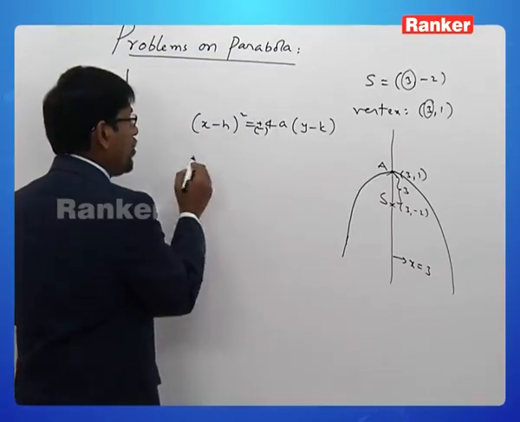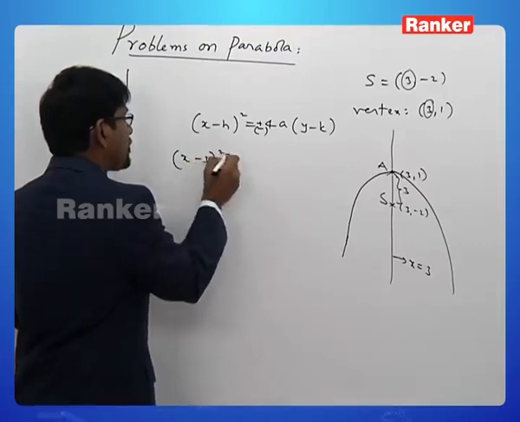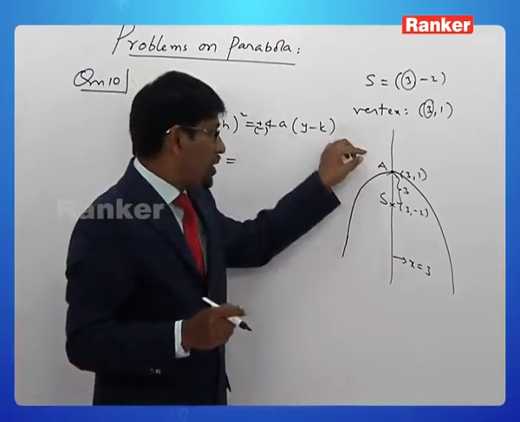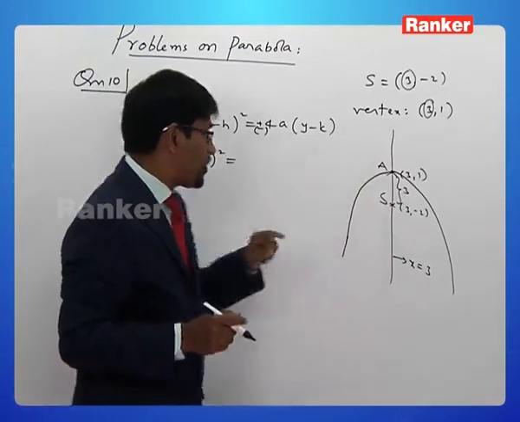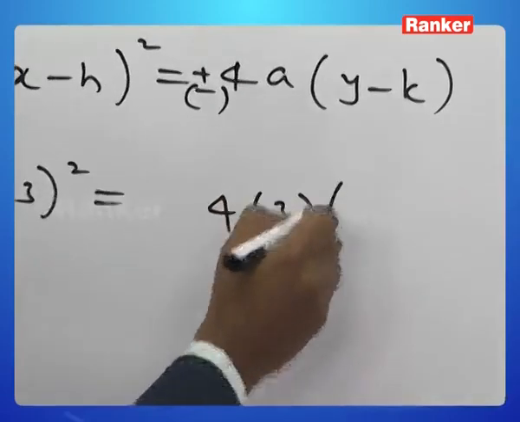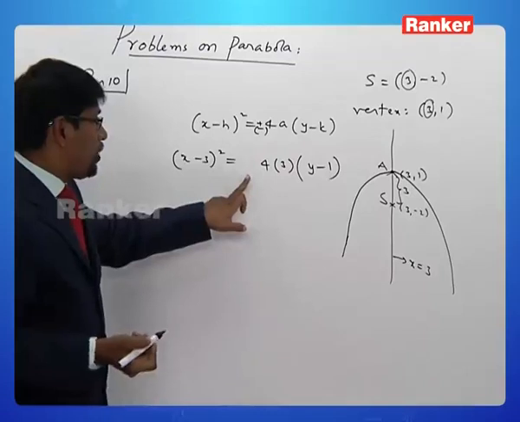Now, what is the vertex here? (3, 1). So, (x - 3)^2. What is a? a is the distance between the vertex and the focus, and that is 3 units. So, 4 into 3 into (y - k), that is (y - 1). Does it open downwards or upwards?